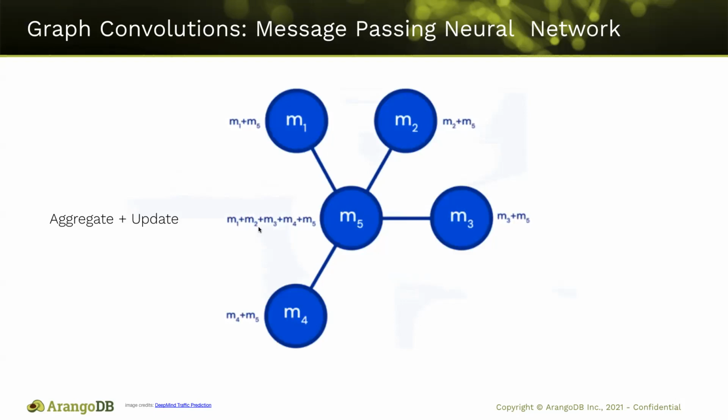It aggregates messages M1, M2 from its corresponding neighbors which are at the first hop. Once the node features are aggregated, we update the node with the help of all the aggregated features as well as its own features.